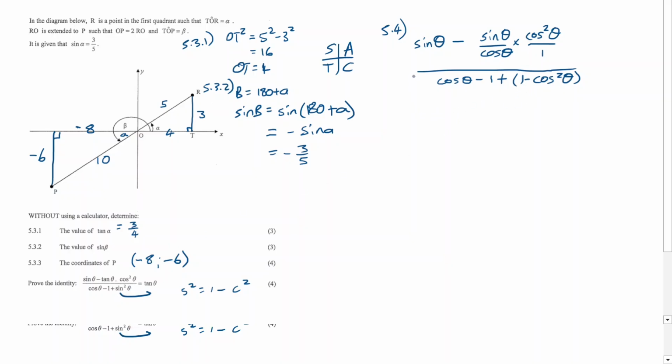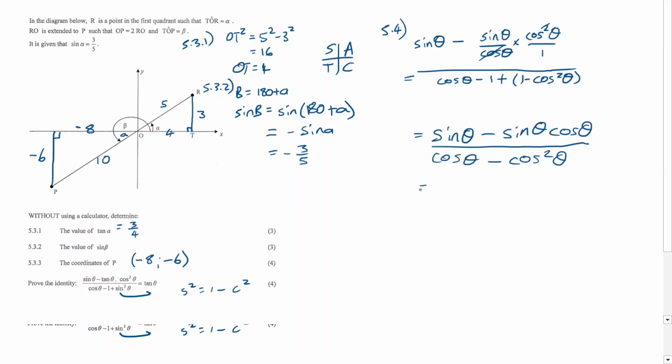What that leaves us with on the top line is cancelling of 1 cos with one of the coses, and so I'm left with sine theta minus sine theta cos theta. On the bottom, the -1 + 1 will disappear, and I'll just be left with cos theta minus cos squared theta.